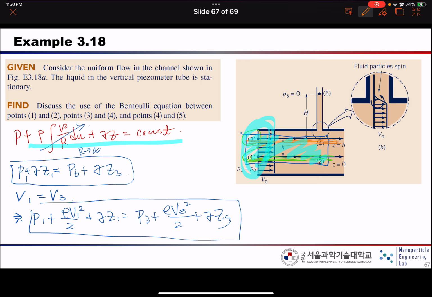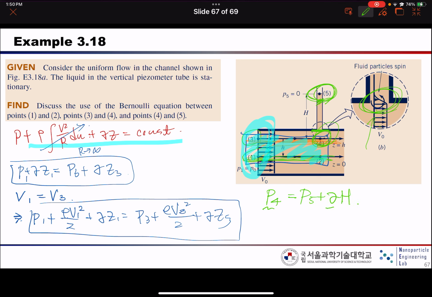Okay. And here is another thing you should also know: at P4 and P5, the fluid particle is rotated, right? Because of this, we cannot use it, since 5 and 4 are not the same. To be specific, P4 equals P5 plus gamma H, right?